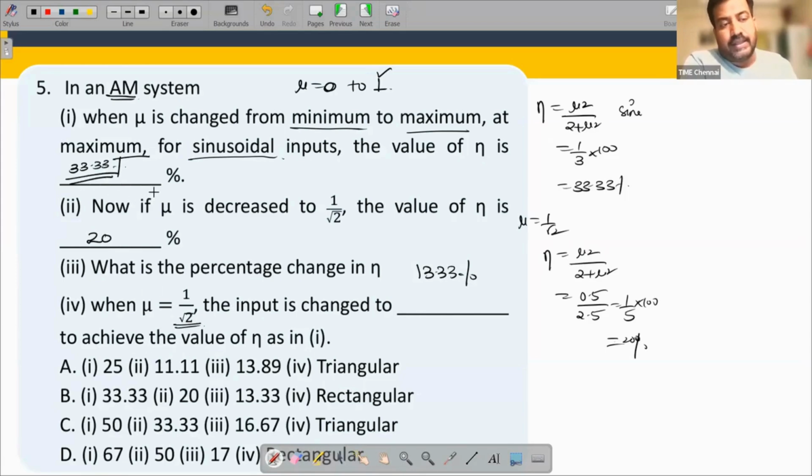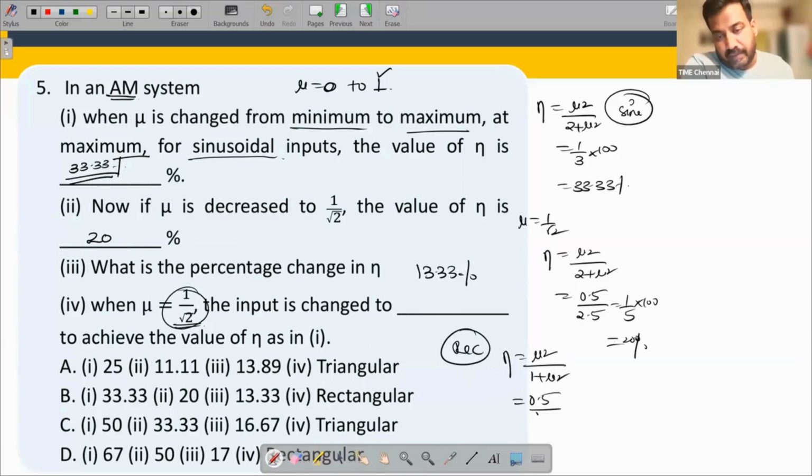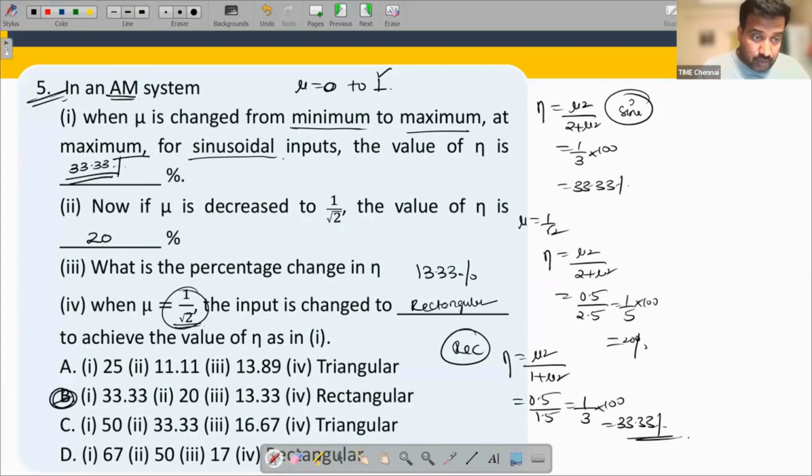If I want to achieve 33.33%, I must change the input from sinusoidal to rectangular, so that eta is mu square by 1 plus mu square, 0.5 by 1.5. That's 1 by 3 into 100. You'll get 33.33% again. So the input must be changed to rectangular input to get the same answer. Therefore, option B is the answer.